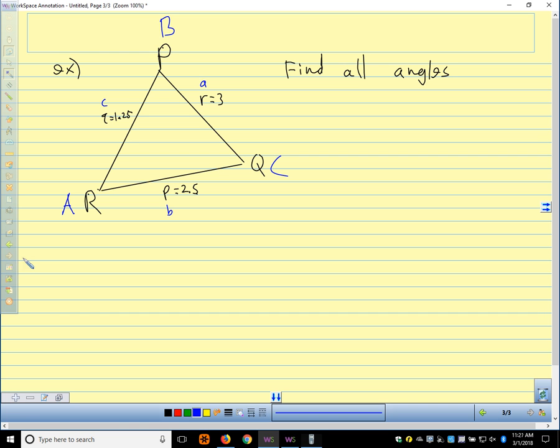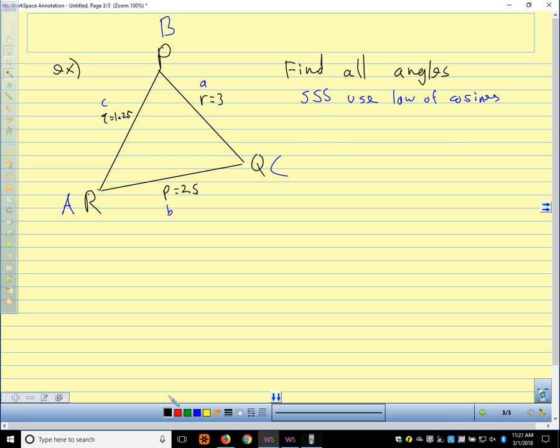We want to find all the angles. Well, we have a side-side-side triangle. We have 3 sides. So that tells us to use law of cosines. Your pre-calc teacher should teach you why, but we're not going to worry about why right now.